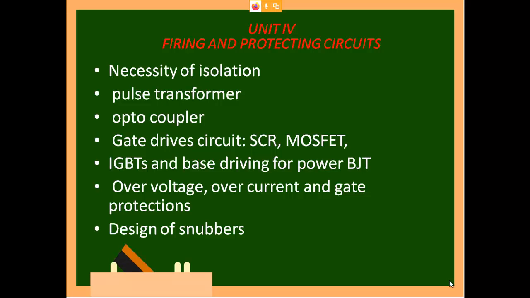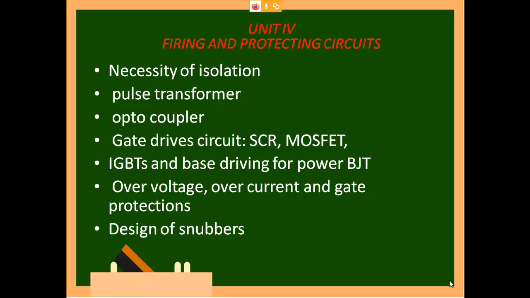Similarly, your pulse level will be only 5 volts from the microcontroller, which is not sufficient to turn on the MOSFET. I think you all know that for a MOSFET you have a minimum gate turn on voltage.